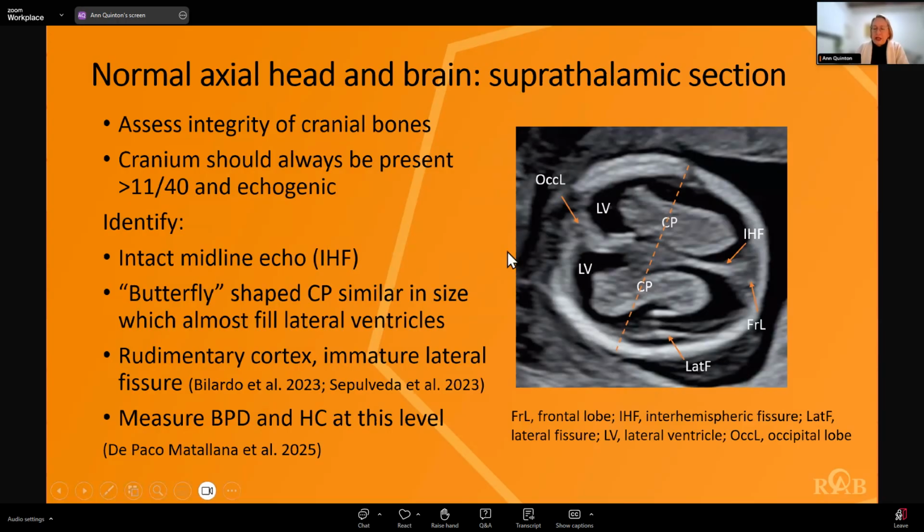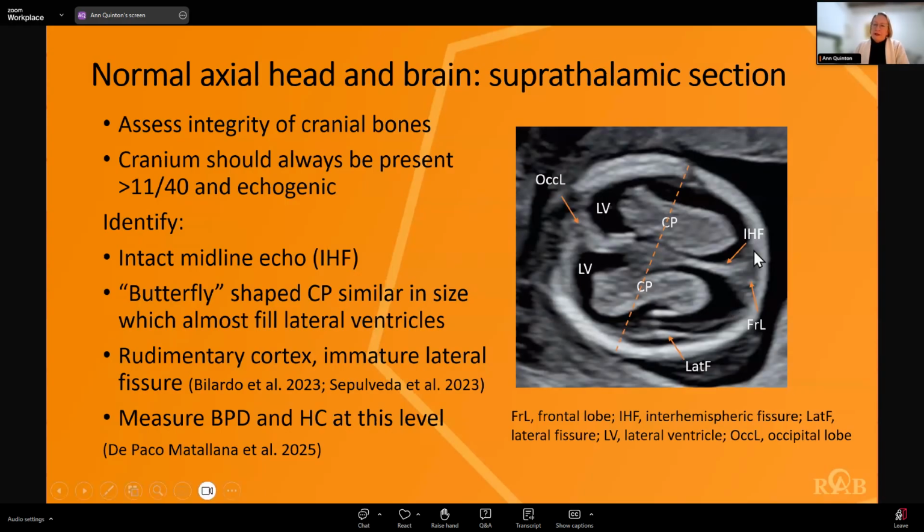Now, this is the plane where a recent paper, only just published in 2025 in the ISUOG journal, did research on 49,000 fetuses, and showed that if we measure the BPD at this plane, from outer to outer on the skull, it is as good for dating as a crown rump length.